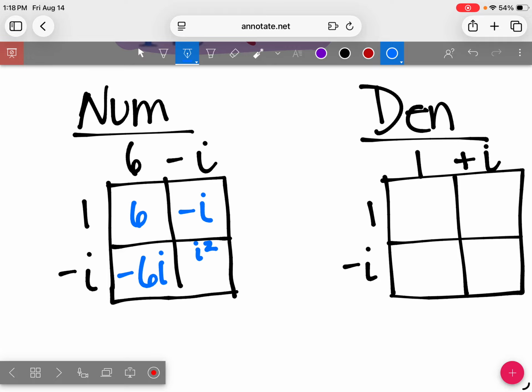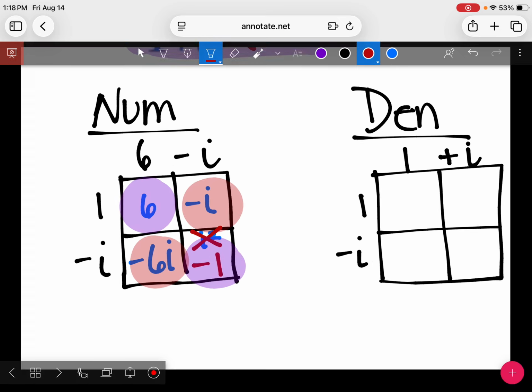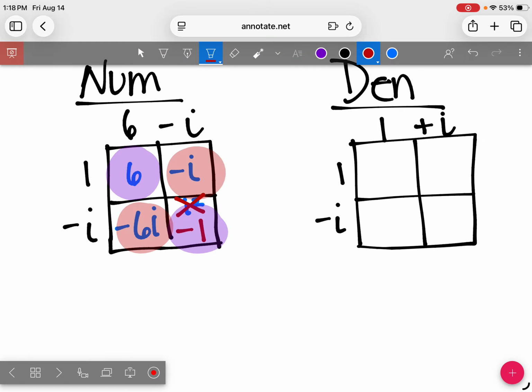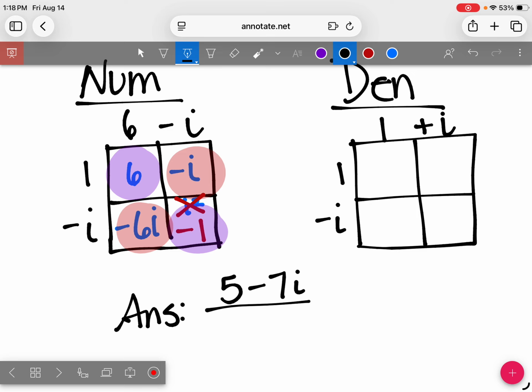Negative 1. i squared is negative 1. So we're ready to combine our like terms. This is my answer. I have the top part of my answer: it would be 5 minus 7i. That's the top.